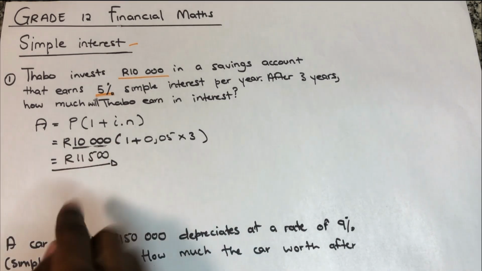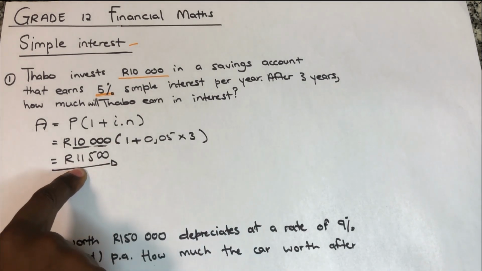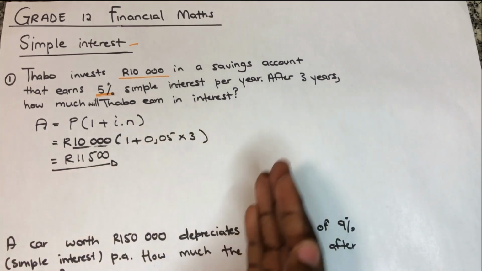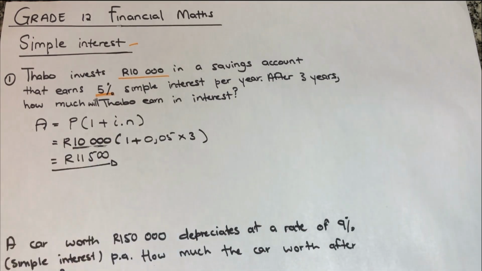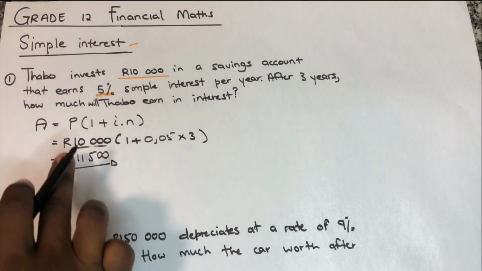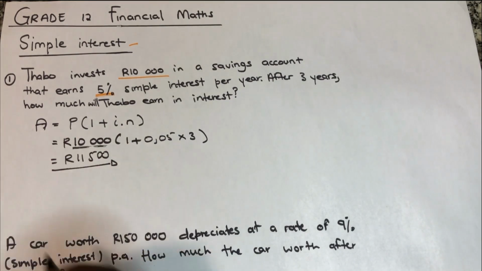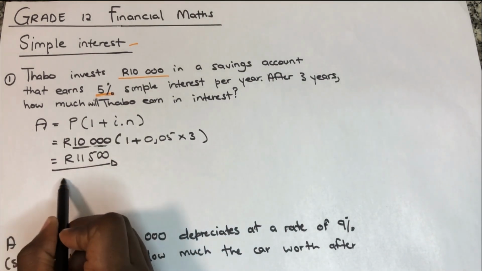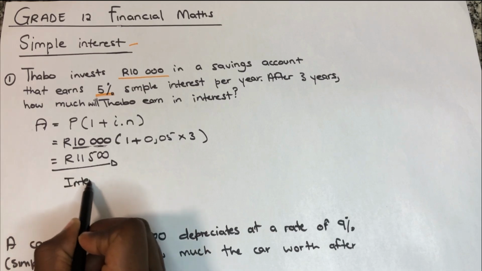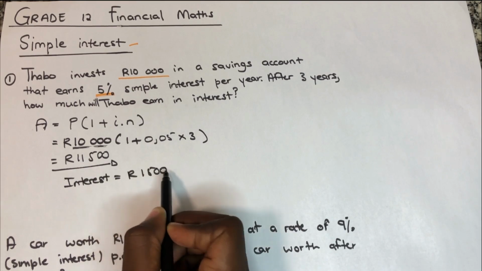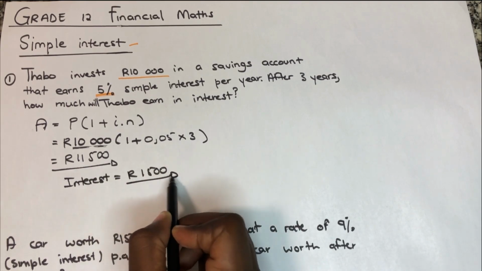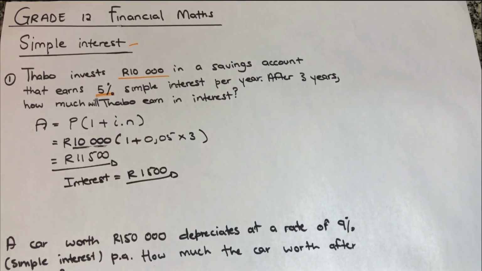Because the accumulated amount after 3 years is 11,500 rands, but initially we invested 10,000 rands. The difference between these two is 1,500 rands: 11,500 rands minus 10,000 rands. So the interest is equal to 1,500 rands. Hope everyone understands that.